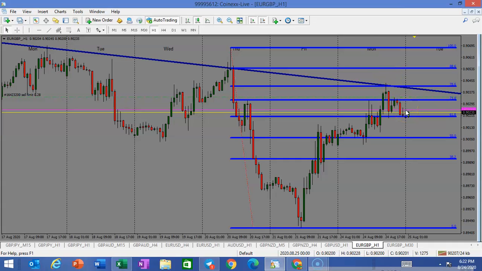What I want you to know is this is a Fibonacci sequence. And this is a very standard pattern that price action tends to do when a pair is consolidating.